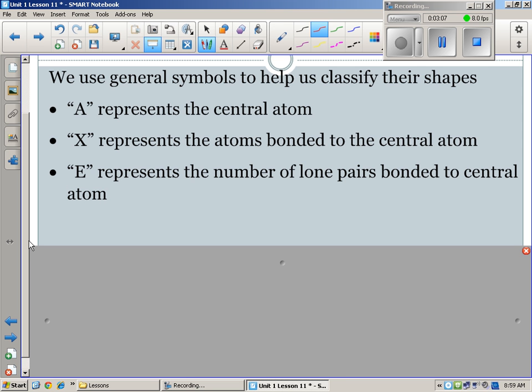X, so we got A, it's going to look something like this here, A, X, and then sometimes we will need an E, not all the time. X represents the atoms that are bonded to that central atom, how many there are. And E represents the number of lone pairs on the central atom. So that goes with that.